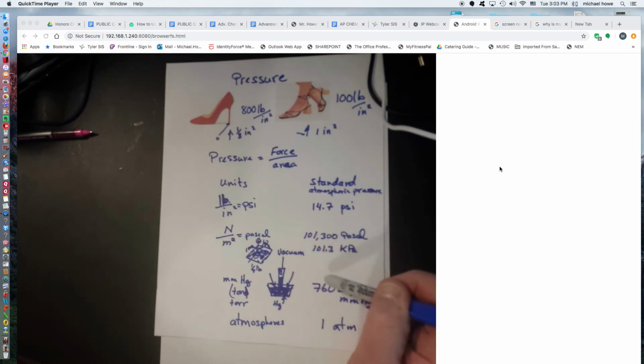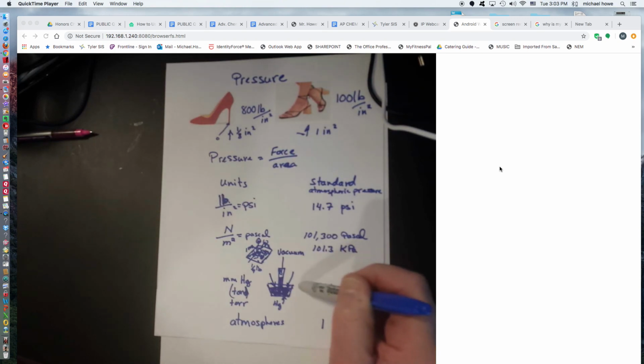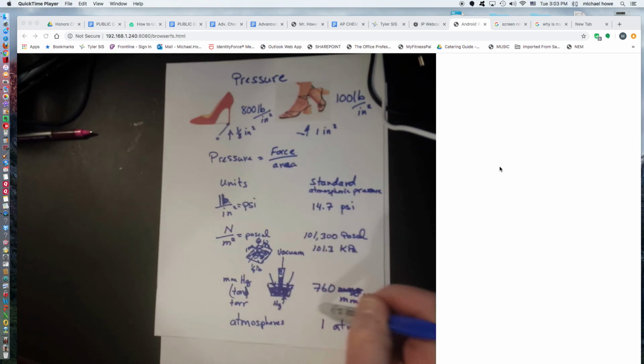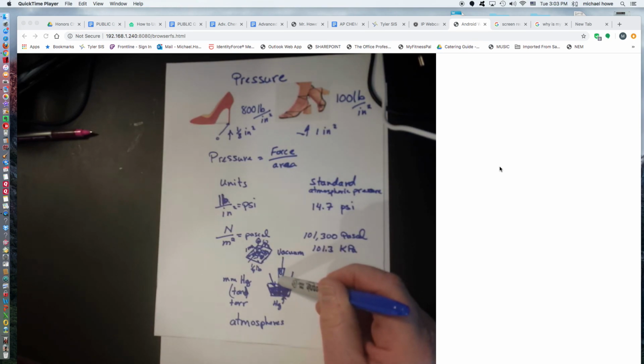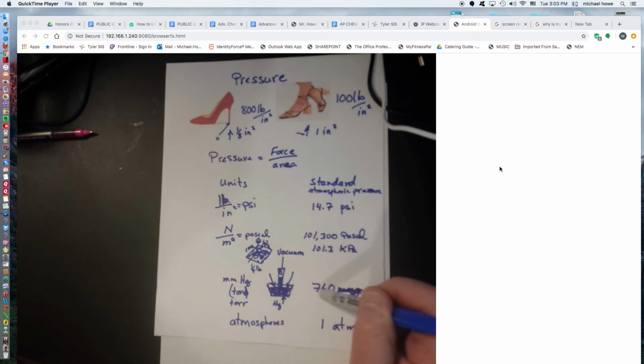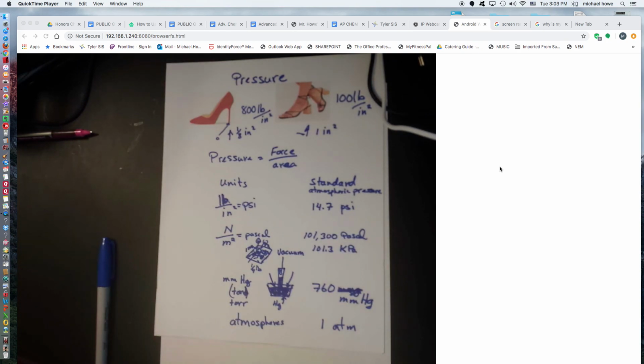Other units of pressure that we use commonly in chemistry are millimeters of mercury, or torr. The air pushes this mercury up this column, and 760 is a normal height that the mercury would go to. And then the Earth has only one atmosphere, so standard pressure is 1 atmosphere. All right, that was the end of this little lesson on pressures.